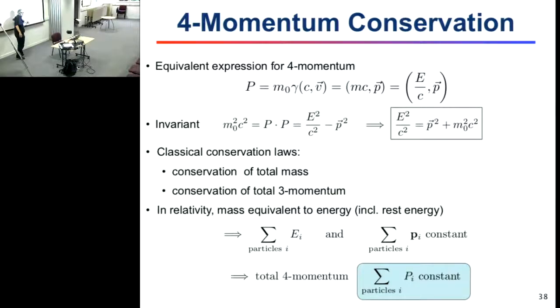So this is the only equation you have to remember. This and the fact that if you dot two things together, you end up with an invariant. You pretty much do most of the questions just with that information. So remember, this big P here consists of two bits, the energy and the momentum. And the total four momentum is conserved.